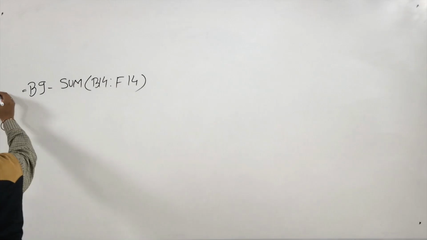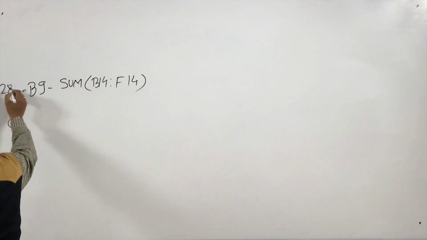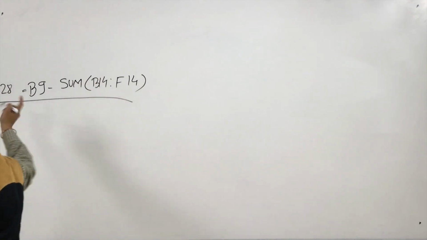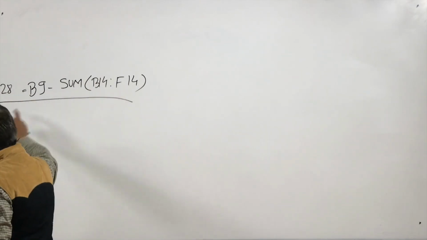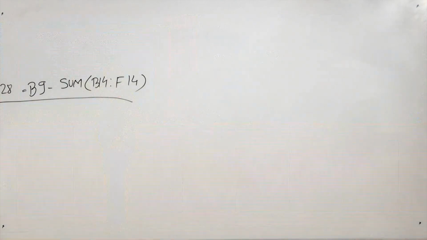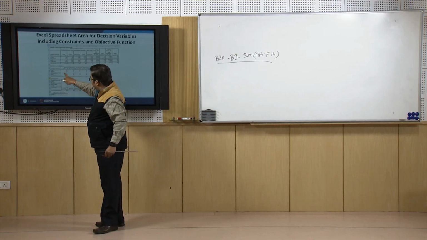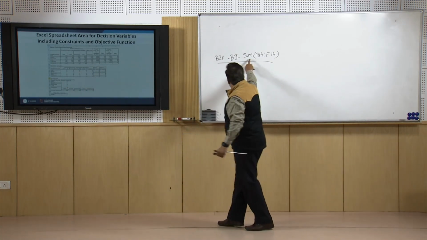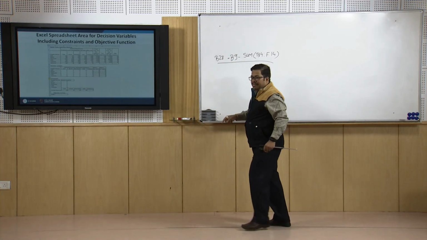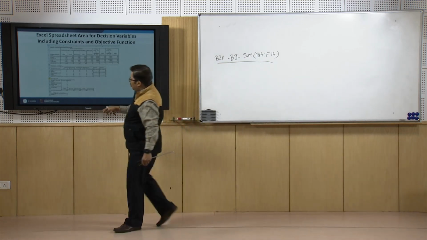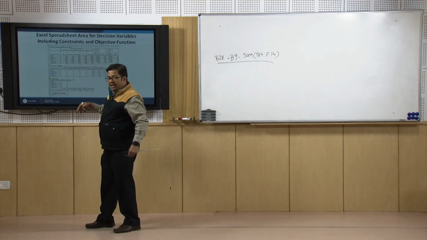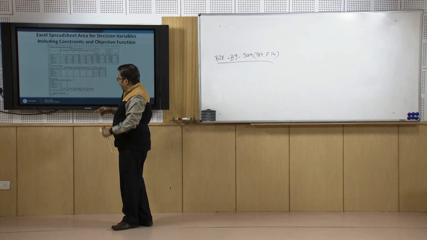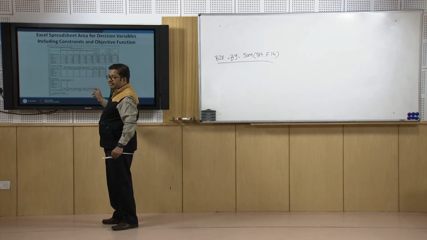So, B28 is equal to B9, which is presently 12, and in the beginning all these are 0, so the sum is 0. So, the value at B28 is coming to 12, and the same logic applies for Brazil, Denmark, UAE and Vietnam.